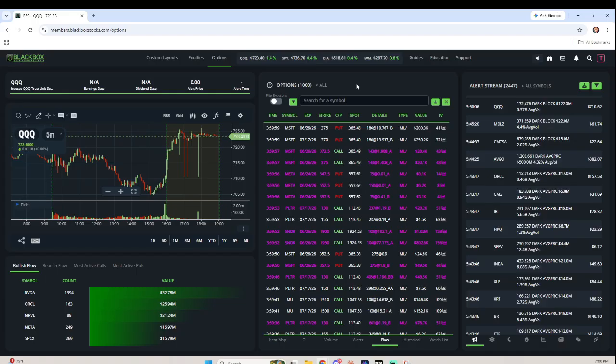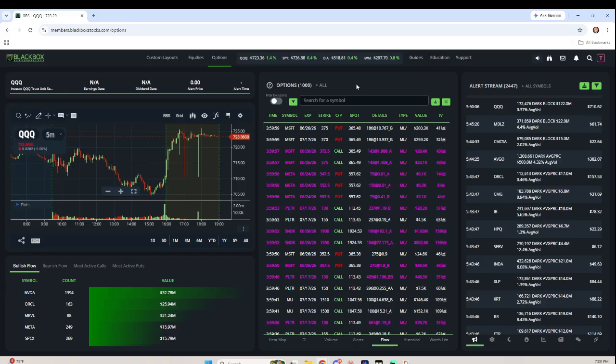So build a story for yourself, have some conviction based on the chart, and make it your own trade. If you're going to blindly follow flow, my best advice would be size for zero, and don't sell it. That's the best thing I could say.